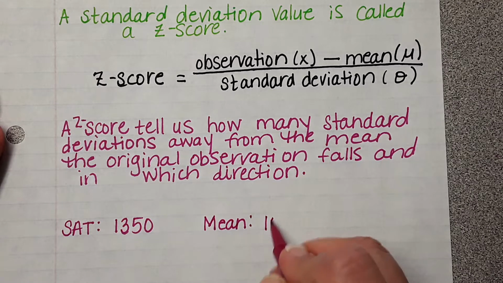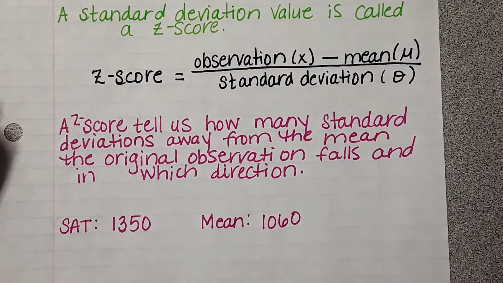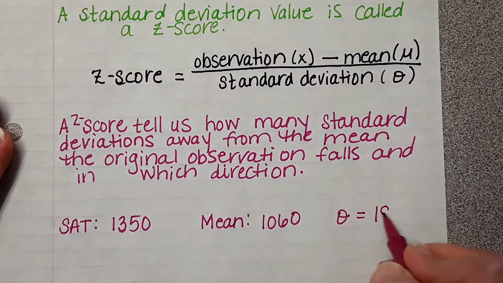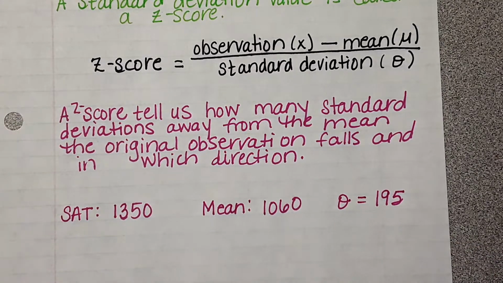It is 1060. Yes, I looked it up. And the standard deviation is 195. So when you feel bad, if you get an SAT and you don't tell anyone because you're freaking out, let's just all remember that that is not the mean, okay?